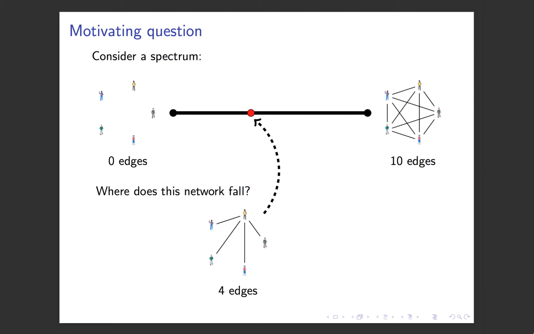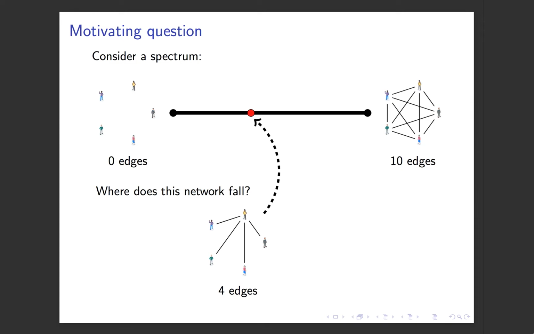There is a shortcoming to this approach. The spectrum as we have it set up now can really only fairly be applied to networks that have exactly 5 nodes. The minimum number of edges being 0 and the maximum number of edges being 10 really only applies to networks with 5 nodes.